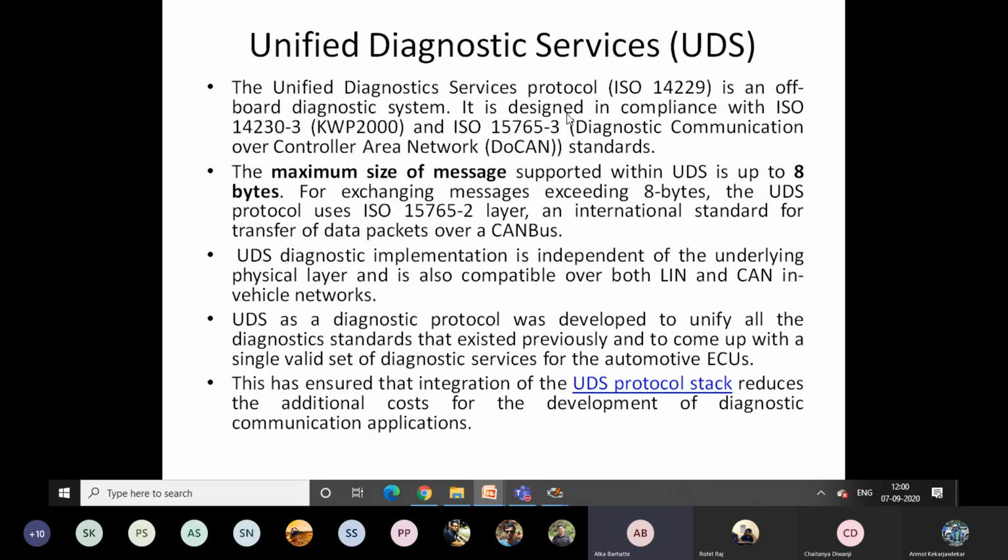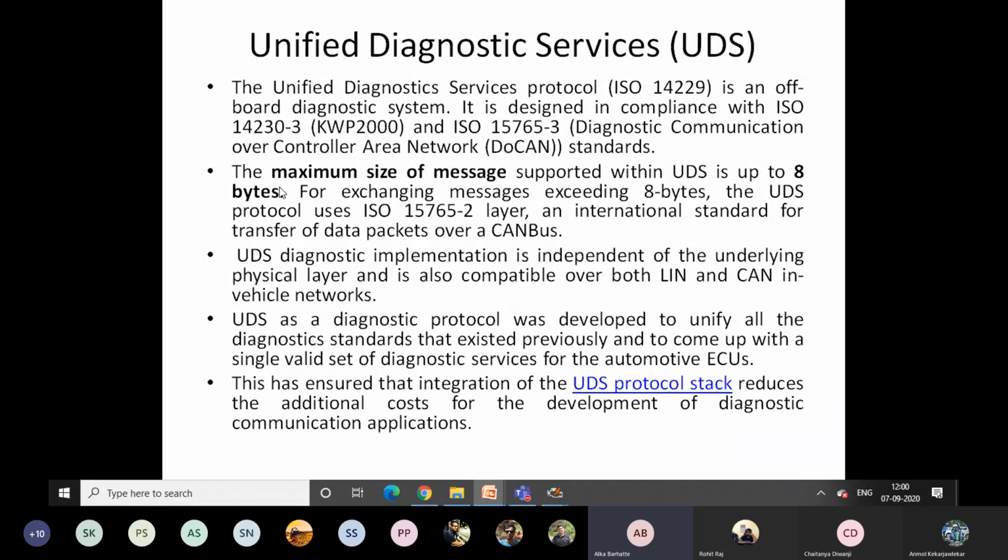It is the higher version of your KWP 2000, and hence it is compliant with ISO 14230 and ISO 15765-3. So this represents diagnostics communication over CAN, and this represents the K line of your KWP 2000.